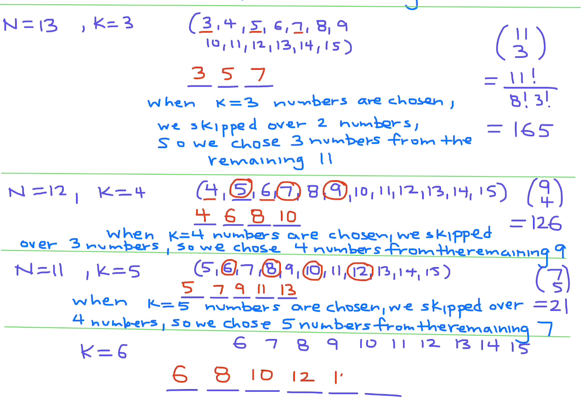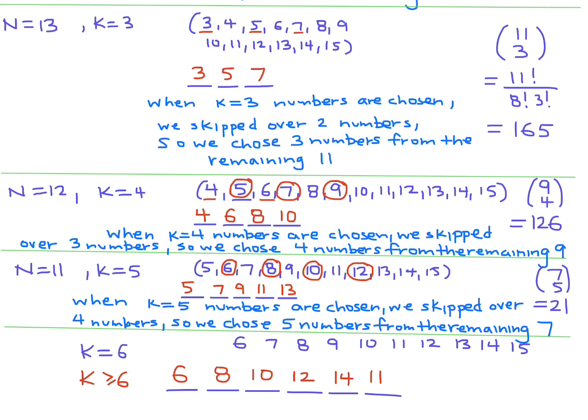I can put a 12. I can put a 14, and then there's nothing. I can't choose any number now. If I put a 15, I violate the rule. If I put any other number in here, like let's say 11, well, I've got 2 consecutive numbers. So when k equals 6 or greater, k greater than or equal to 6, we can't meet the criteria.